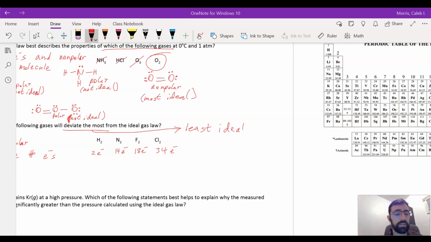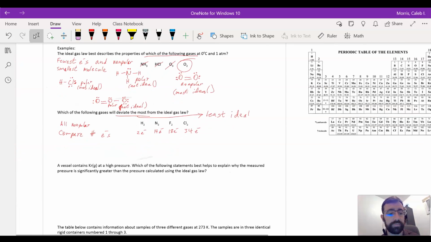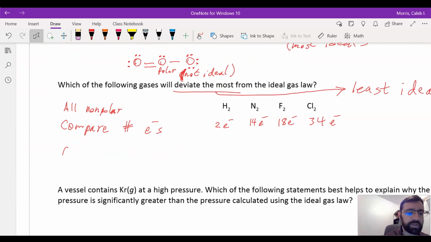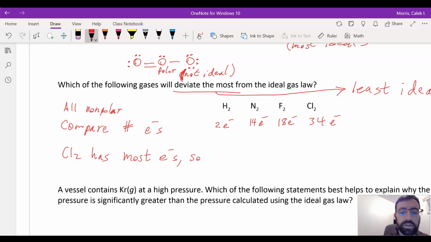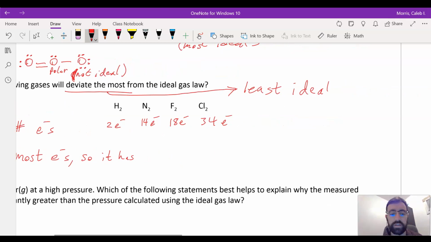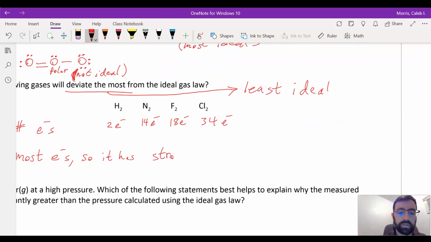So chlorine, having the most electrons, is going to have the greatest LDF. Cl2 has the most electrons, so it has the strongest LDF, which is, in this case, the strongest IMFs.